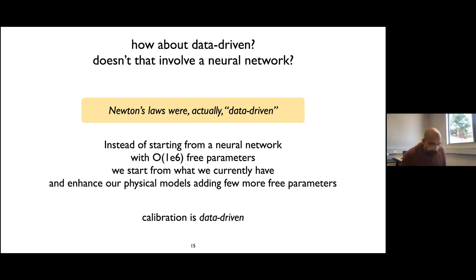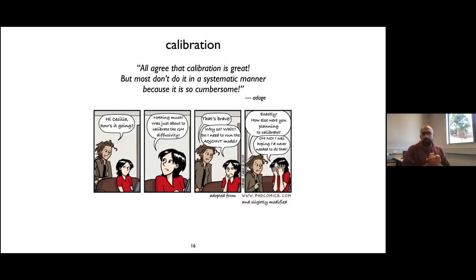And so I wanted to talk a little bit about calibration here. Everybody agrees that calibration is great, but usually it's not really done in a systematic way. People have worked on that, but in my experience, when I ask, we're running this 1 degree model, what's the GM coefficient?